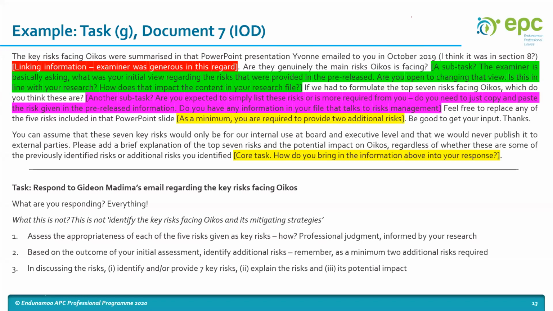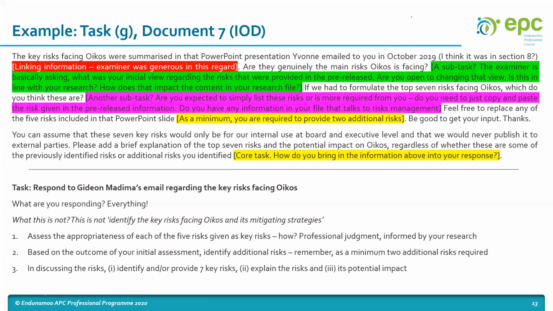How can I ask you a question that requires professional judgment and you give me a response that is not substantiated? So when we then went to the task list, it said respond to Gideon Madima's email regarding the key risks facing OKIOS. So what are you responding to? Everything that we identified above.